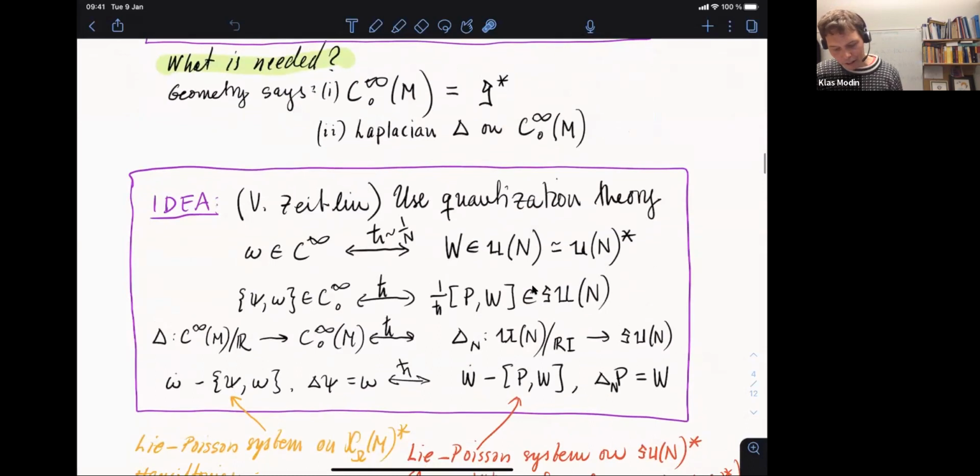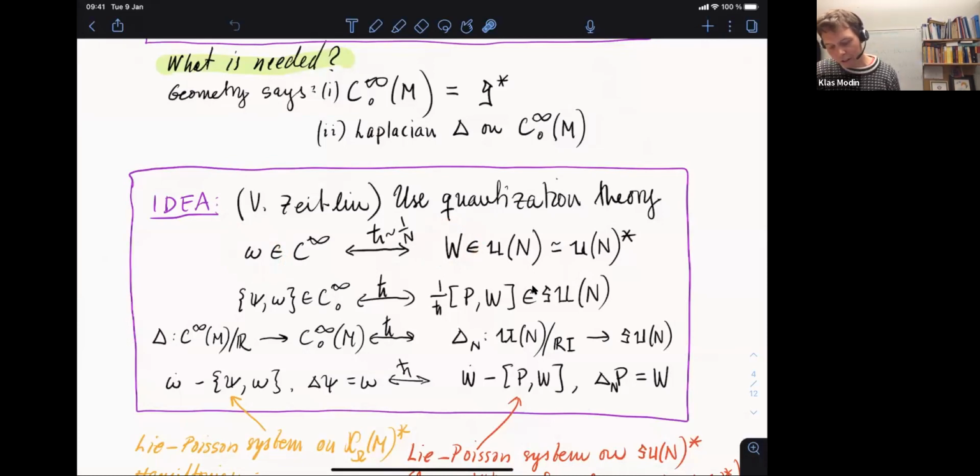And what is the idea? The idea is to use quantization theory, which is a systematic way to replace, at least from my perspective, a set of functions defined on some manifold, this Poisson algebra of functions, with an algebra of matrices, in such a way that the Poisson bracket is approximated by the matrix commutator.